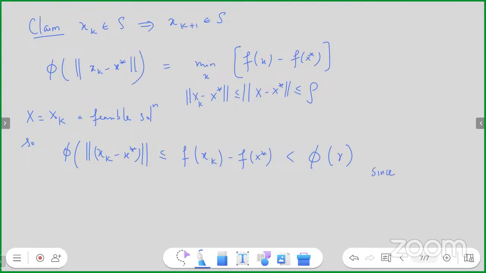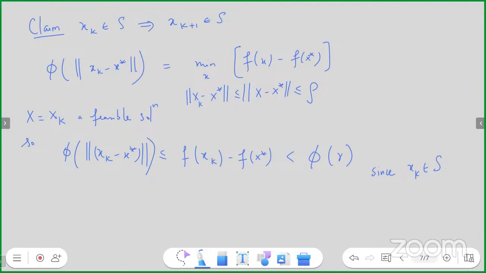Hence, is this okay? Why is that true? So R has been used to even define S. Because xk belongs to S. By definition, what is the definition of S?